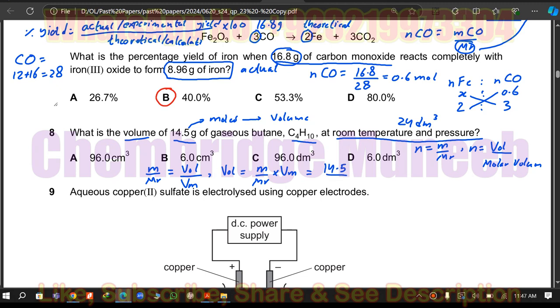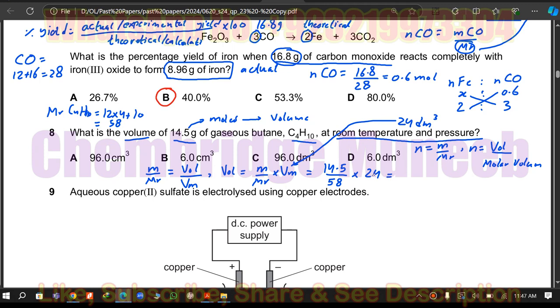Now the molar mass of the butane, Mr of C4H10, is equivalent to 12 times 4 plus 10, which will give you 58. So we will use 58 over here, and the molar volume, as I mentioned previously, is equivalent to 24 dm cube. So I'll put 24 over here.